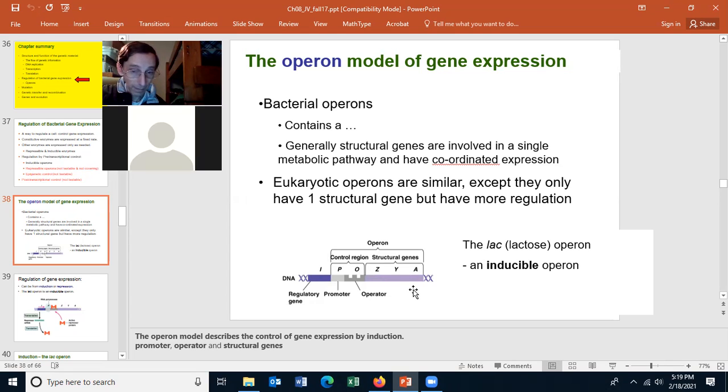All cells can metabolize glucose, but the other sugars have to be converted into glucose to be metabolized, and the A gene is one of the genes that's helpful in converting galactose into the sugar glucose. And so all of the structural genes are involved in metabolizing the sugar lactose. Any question about the structural genes?